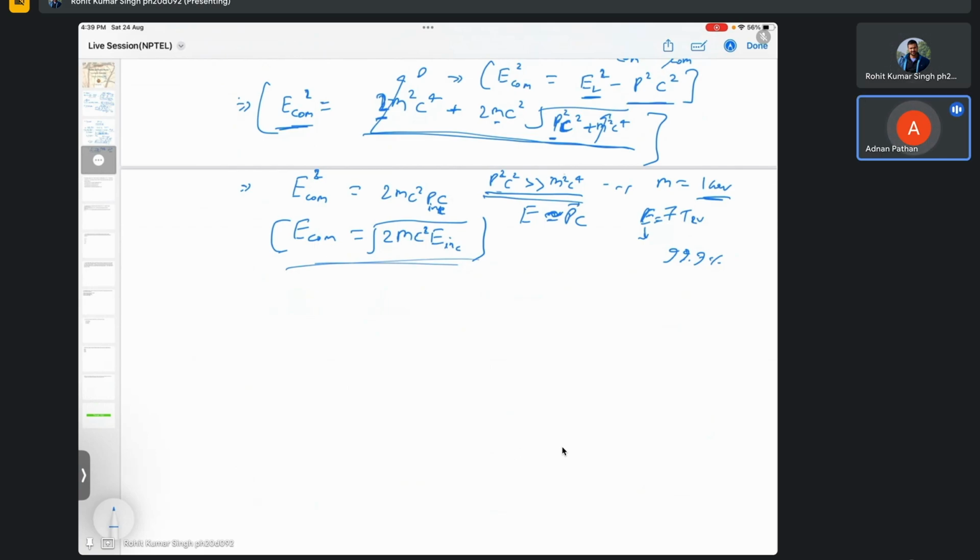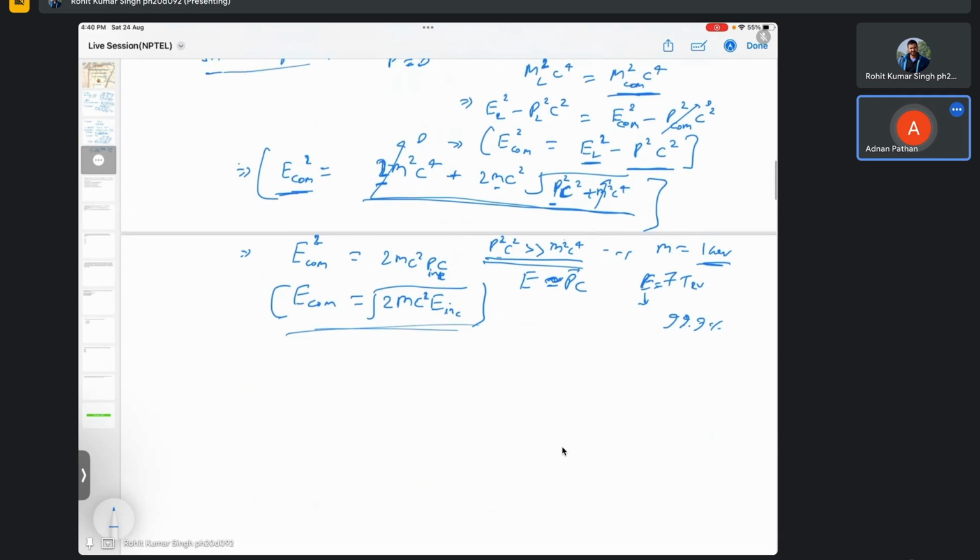But we have another term of 2m square c power 4, which will contribute a lot to the final answer, right? This one we are also neglecting, right? But the value will be very great because we are squaring it. No, it's 1 GeV, 1 square GeV doesn't matter.